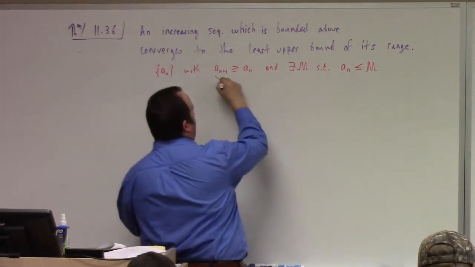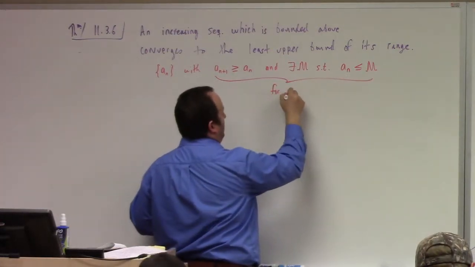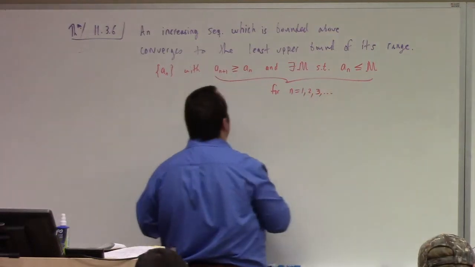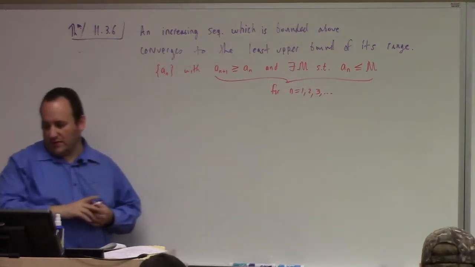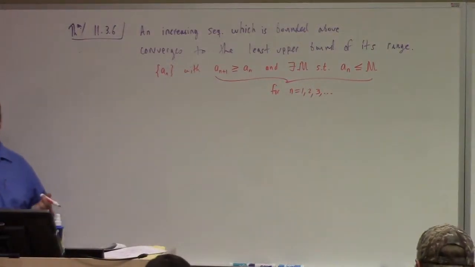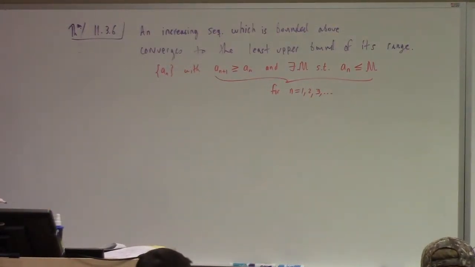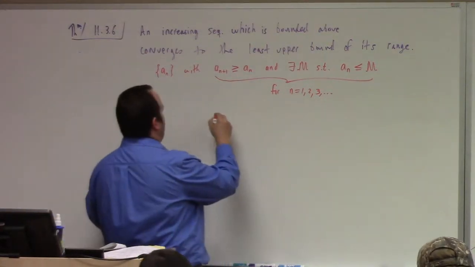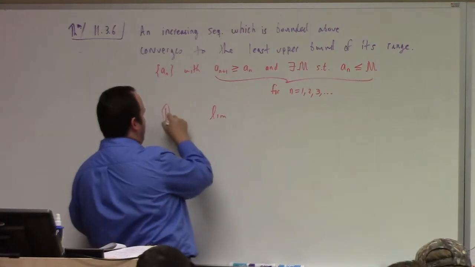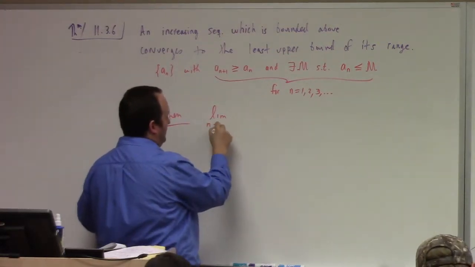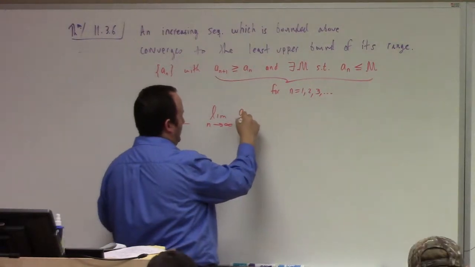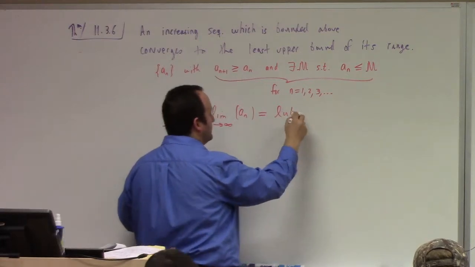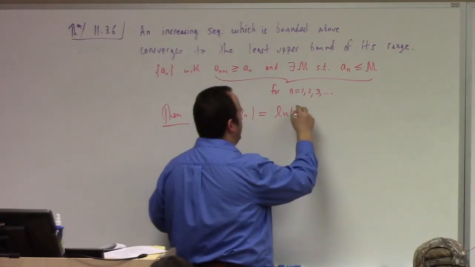And these things are true for n equals 1, 2, 3, and so forth, forever. So in other words, we have a sequence, it's increasing, it's bounded above. The conclusion, the punchline, is that the limit as n goes to infinity of a sub n is equal to the least upper bound of the range of a sub n.